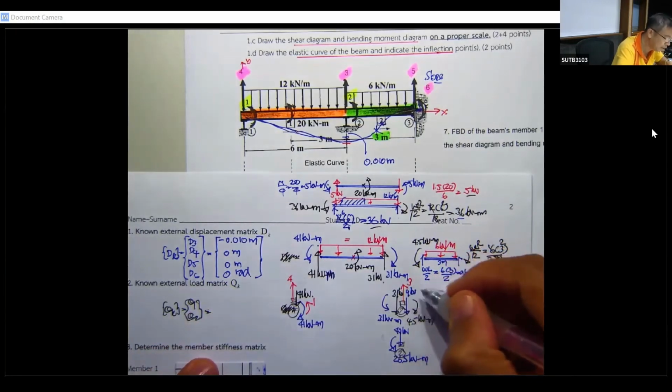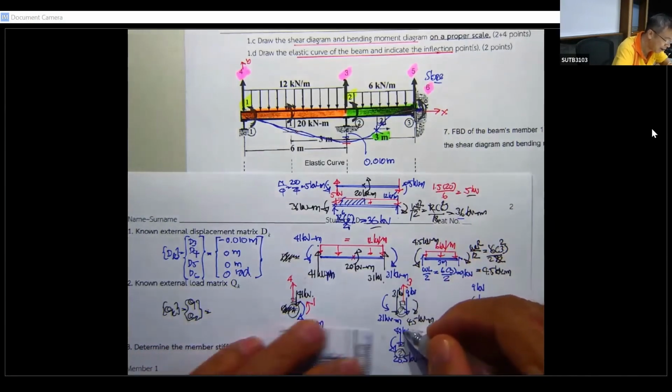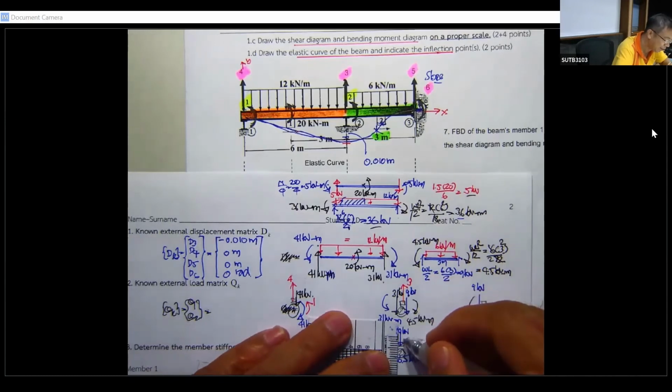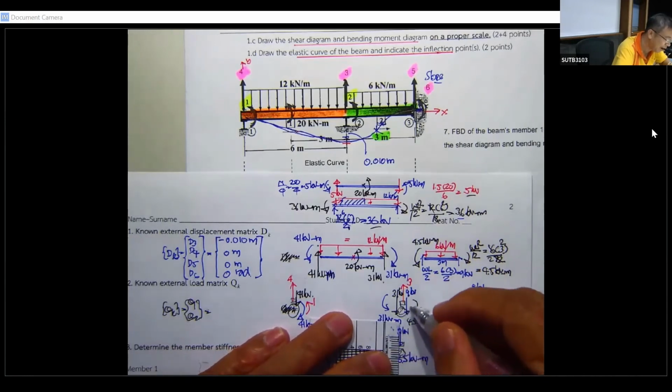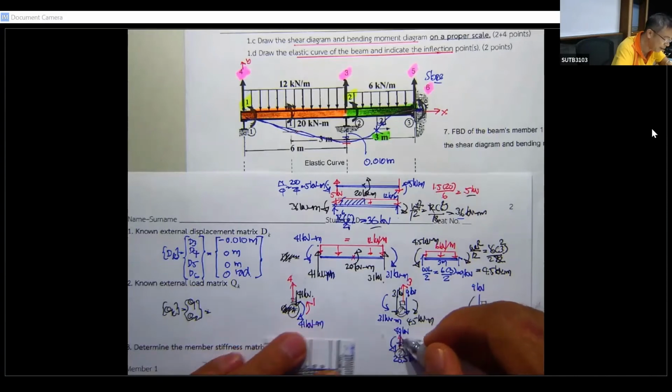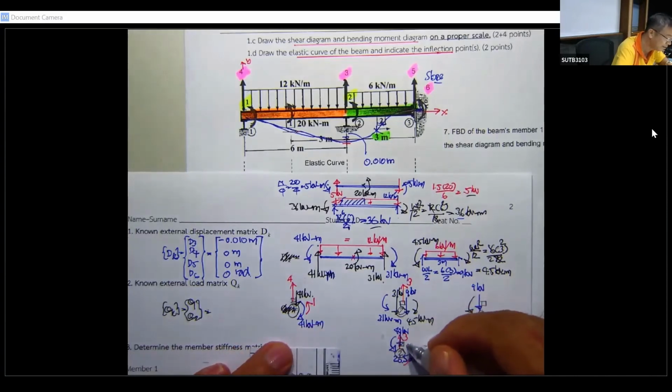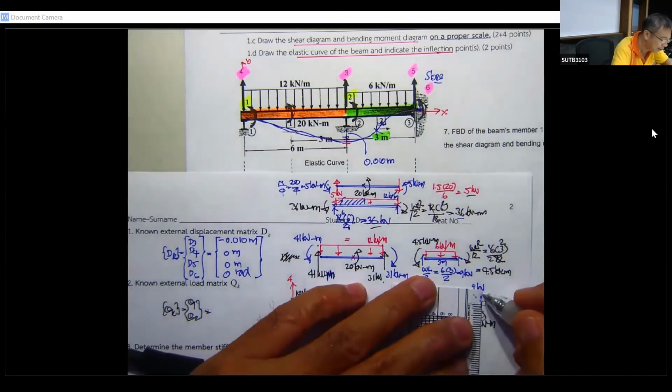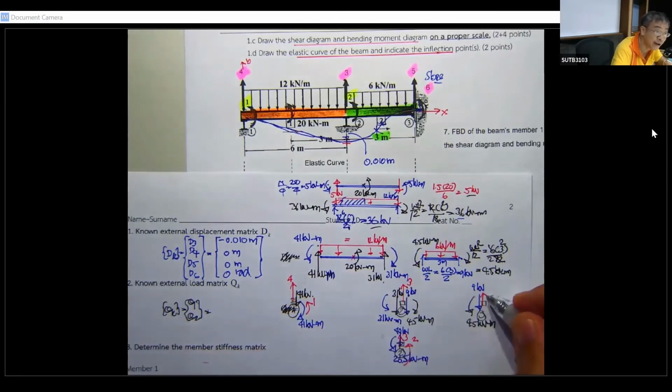This is number 3, and you may put this one in this way. This is going to be number 3, and this is going to be number 2, and then this is going to be 5, and this is going to be 6.